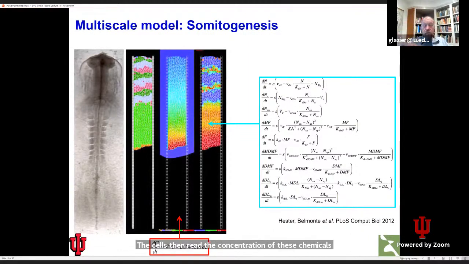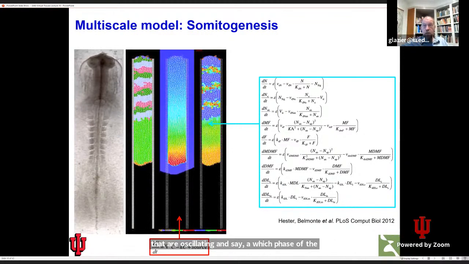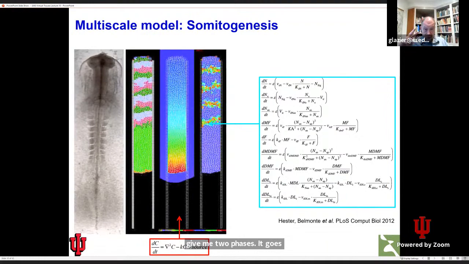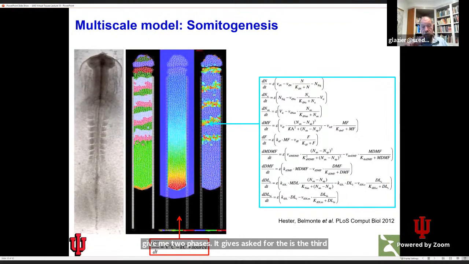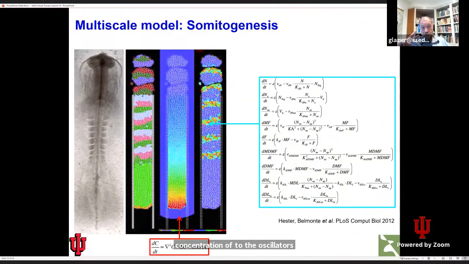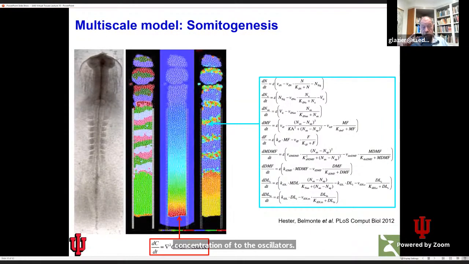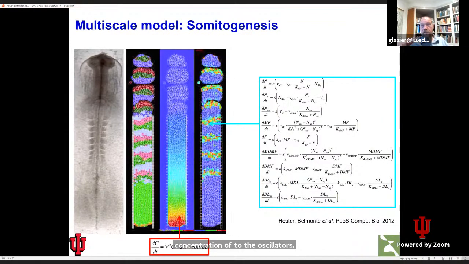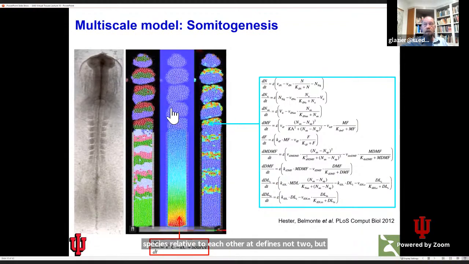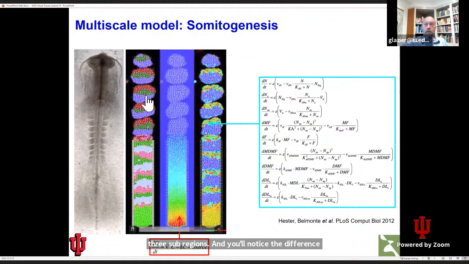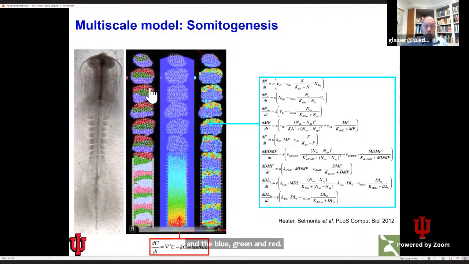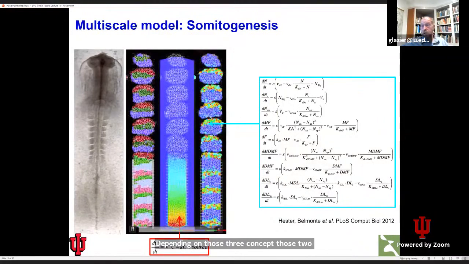Am I in the period when it's decreasing? That would give me 2 phases. It actually asks the third question, which is it looks at the concentration of two of the oscillators and asks the relative amplitudes of the two oscillating species relative to each other. That defines not two, but three subregions. And you'll notice they differentiate into blue, green, and red, depending on those two concentrations and their ratios.